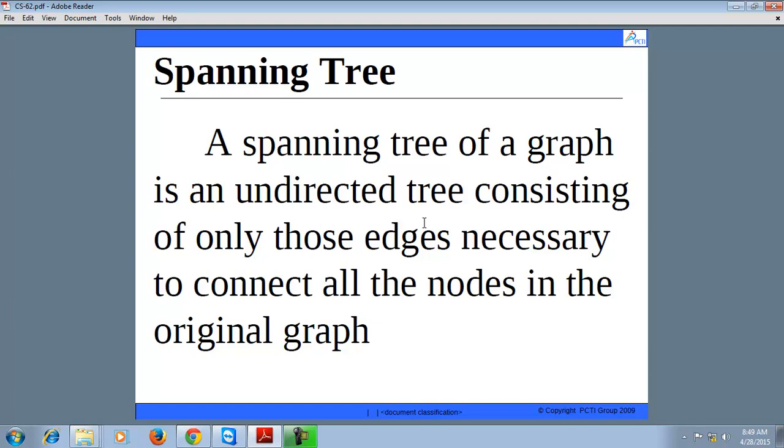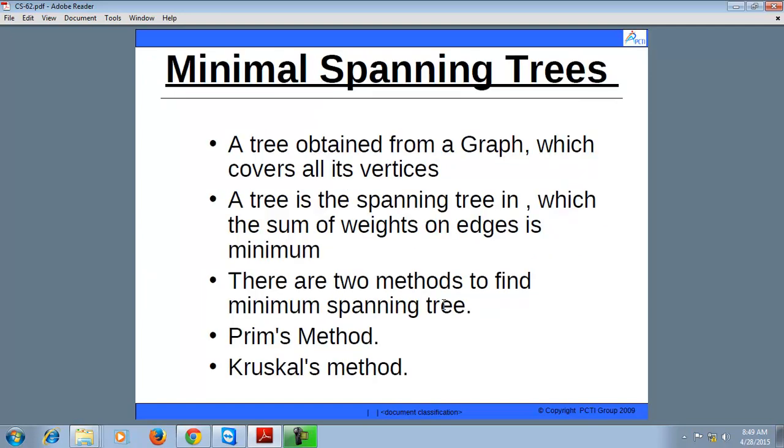For example, we have multiple paths, but in a spanning tree, we will include only those edges that are necessary to connect all the nodes in the original graph. Means we will eliminate all the other remaining or extra edges from the particular graph, and it will be converted to a spanning tree.